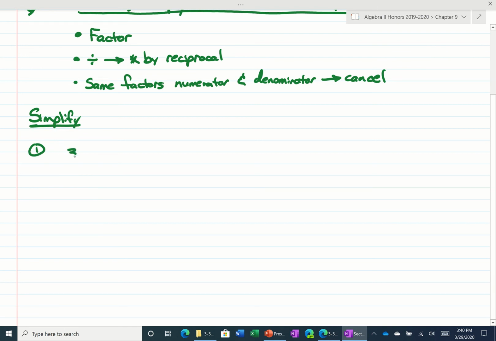First problem, 30xy divided by 12x squared. Sometimes what I do is they're all being multiplied together, so I could just write similar terms and factor this way. And some people would just take out a factor of x, take out a factor from here, make 1, and you could do that. Some people call that cross-reducing. I found the most success with this.